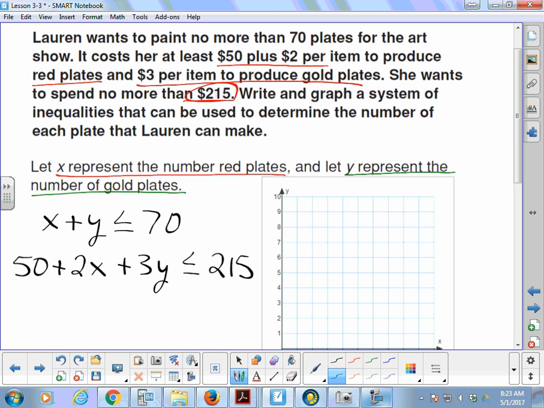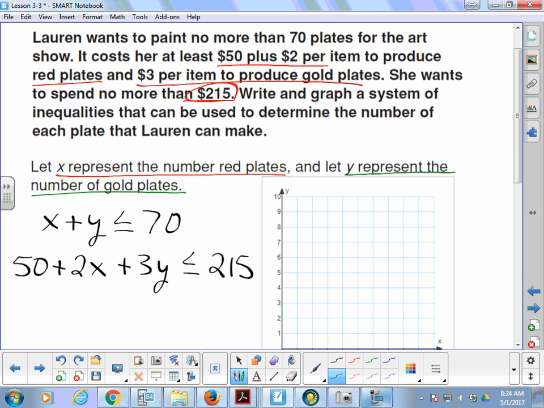Okay. So when you're dealing with these equations for these systems with the word problems, almost always the first one is going to involve just the set number that you're working with. Okay? That, hey, it's 70 plates, all right? So the X plus Y is 70. All right, or in this case, less than or equal to.